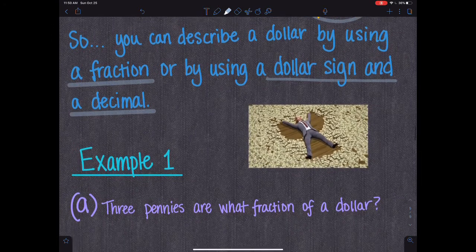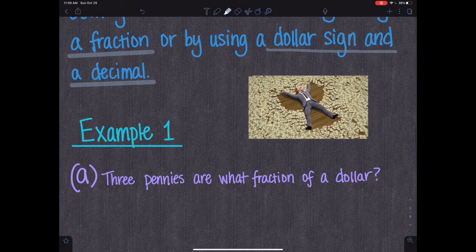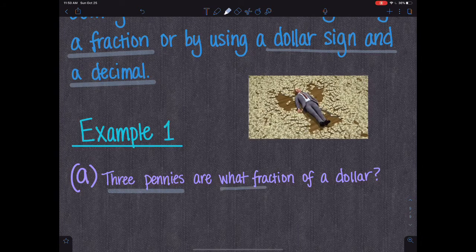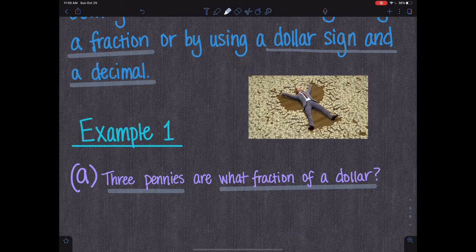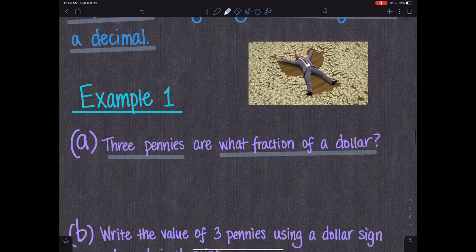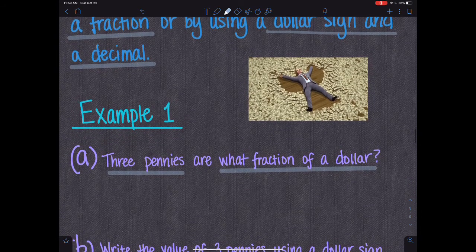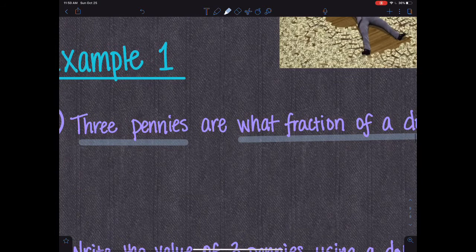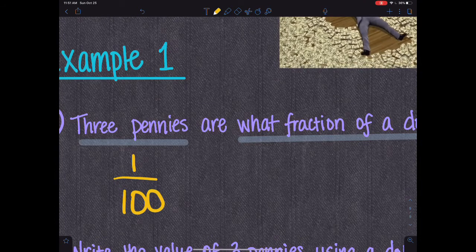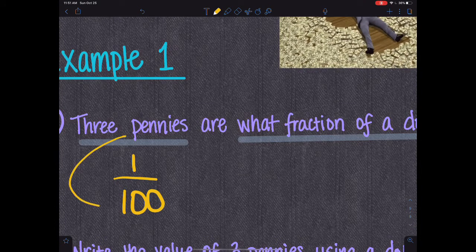Let's do example 1. This is still on your first page, on page 161, kind of halfway down. It says, 3 pennies are what fraction of a dollar? Okay, so let's figure that out. We said before that 1 penny is 1/100th of a dollar. And since we're talking about pennies, that goes in the denominator.